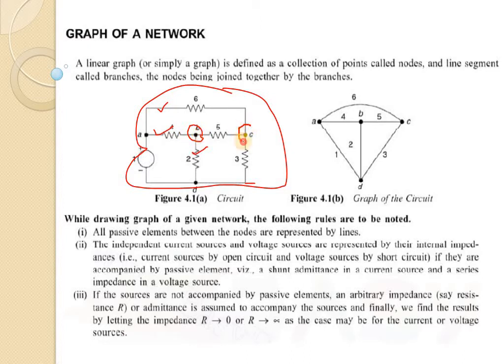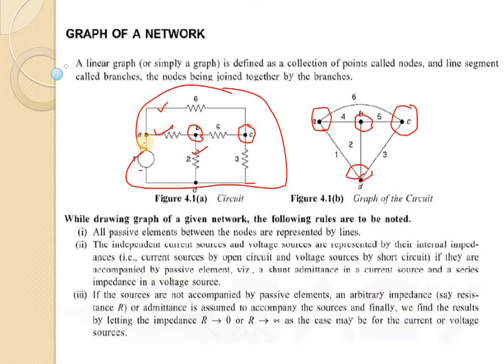So when we draw the graph, first we point out the nodes. Here we have 4 nodes A, B, C and D. So in the graph we also have 4 nodes A, B, C and D, and these nodes are joined with different branches.